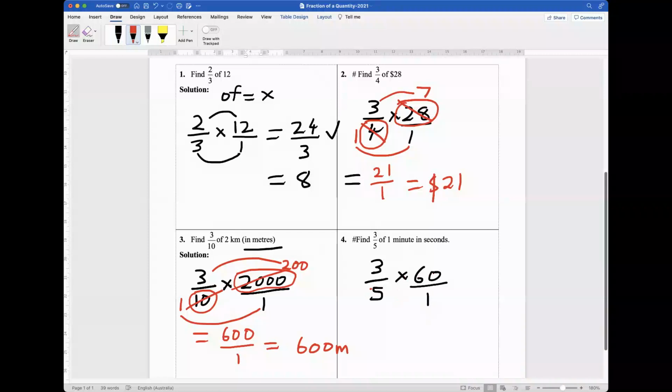Well, 5 does. 5 goes into 5 once and into 60 12 times. Now 3 times 12 is 36. 1 times 1 is 1. 36 divided by 1 is 36, and that should be seconds.